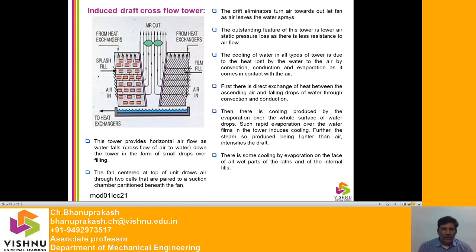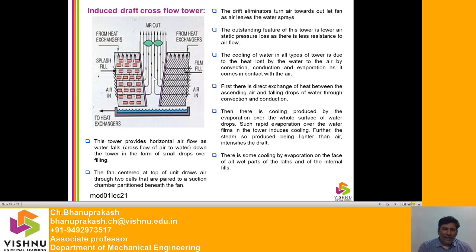See, the cooling of water in all types of tower is due to the heat lost by the water to the air by convection, conduction and evaporation as it comes in contact with the air. First there is a direct exchange of heat between the ascending air and falling drops of water through convection and conduction. Then there is cooling produced by the evaporation over the whole surface of water drops.